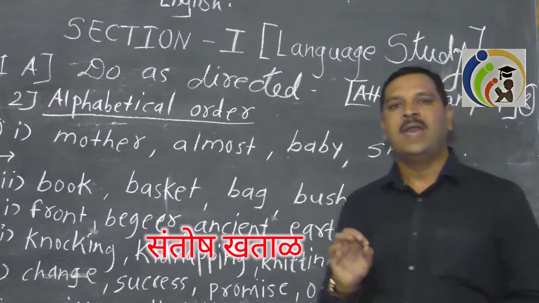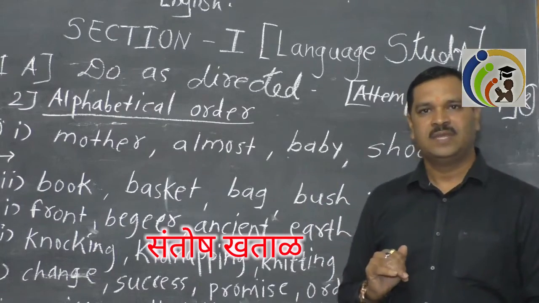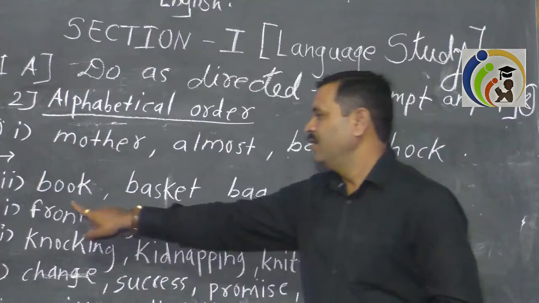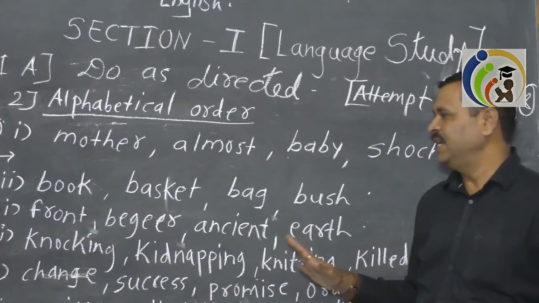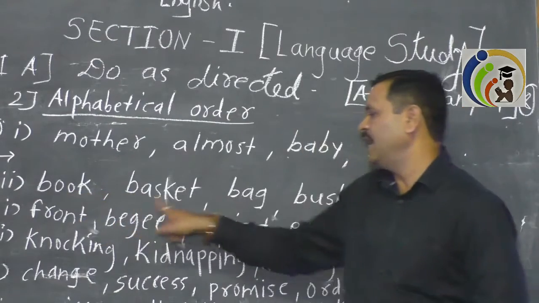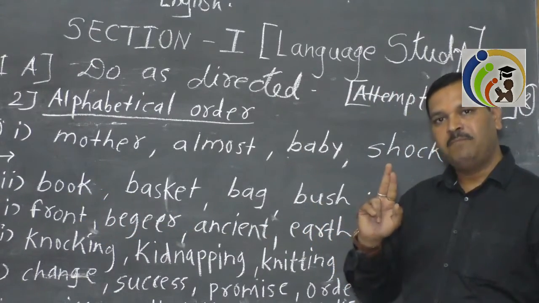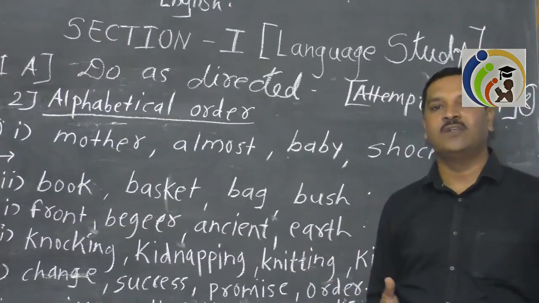And you know, as per the ABCD order, which word will come first. The second one is also very easy. There, the same starting letter is given. Now here the letter B is there everywhere, starting with B, B, B. Then BB is there, then go to the second one. Then go to the third one.